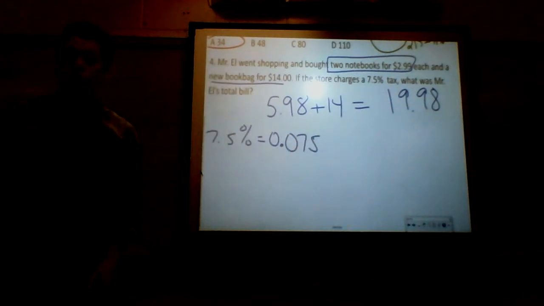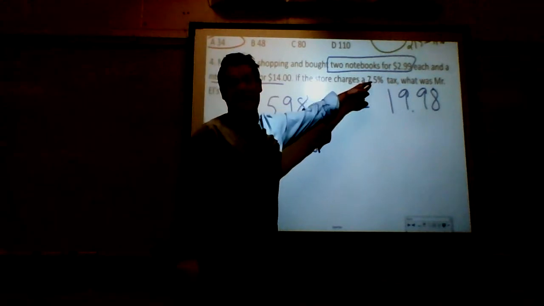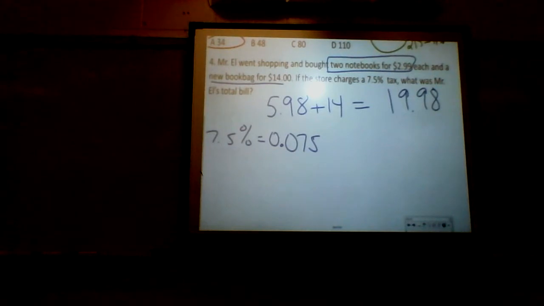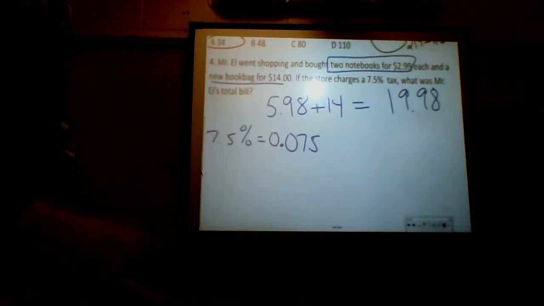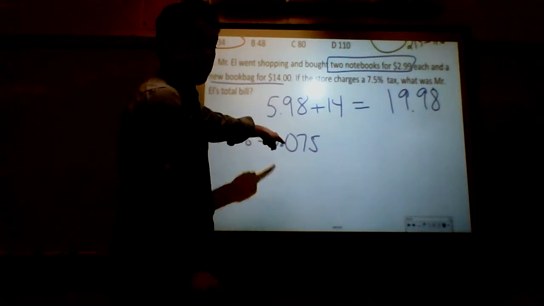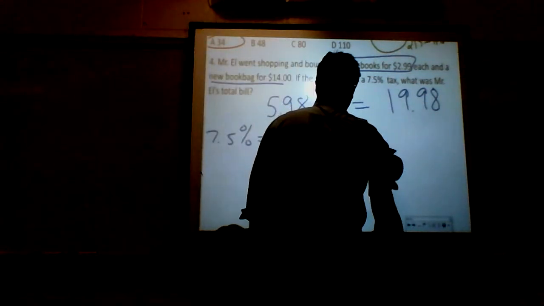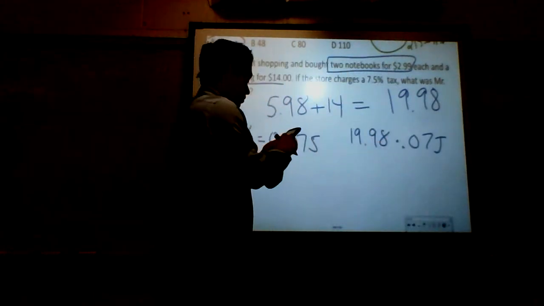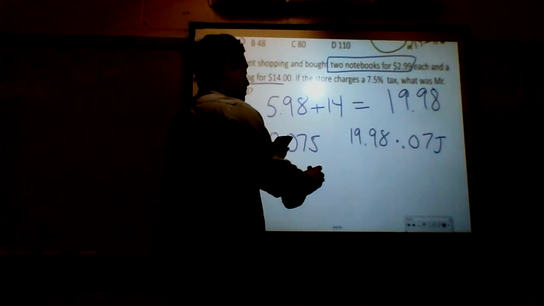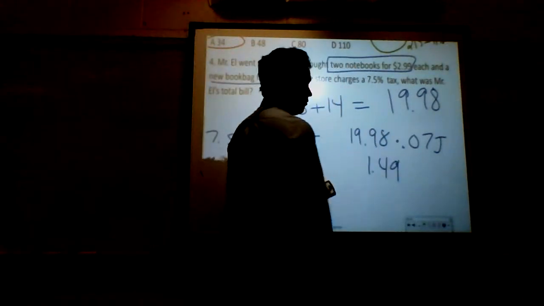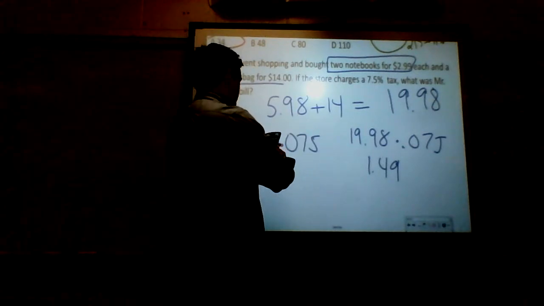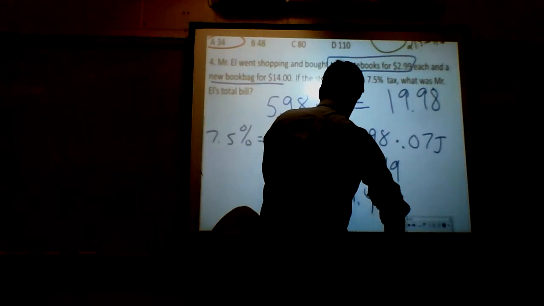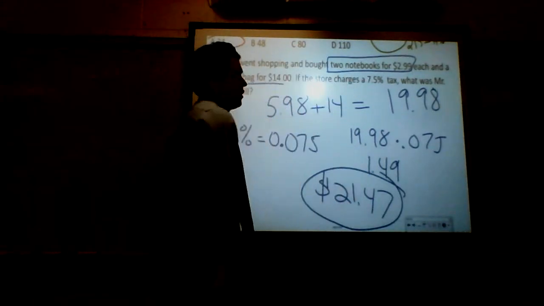If you were not sure what this percent is as a decimal, on your calculator, you could type in 7.5, hit the percent sign, and hit equal, and it'll give it to you. So to determine how much tax there is, you do 19.98, the original price, times the tax rate, 0.075. So the tax is $1.49, plus the cost of all the stuff, which was $19.98, giving him a bill of about $21.47.